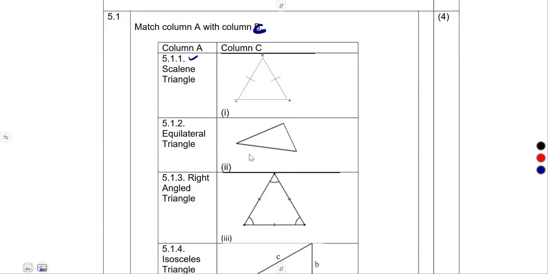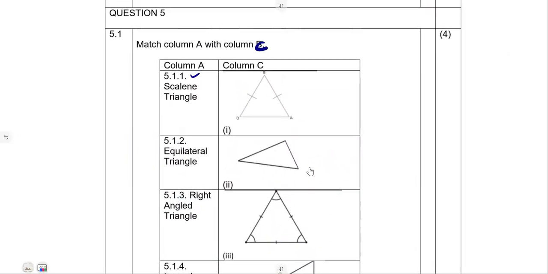So that is item 2. These are the only ones that we have. So a scalene, remember, all sides are not equal. So 5.11 for a scalene triangle, it was going to be item 2 there.